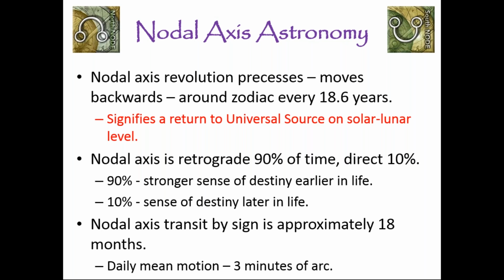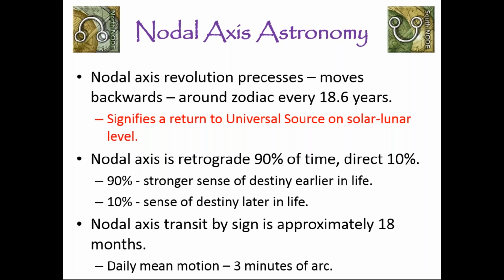The nodes are retrograde 90% of the time. They're direct 10% of the time. So again, all you've got to do is look at one of your computer printouts for the nodes, and if the nodes are retrograde, you'll see that little RX beside them. If the nodes are direct, you will not see the RX.